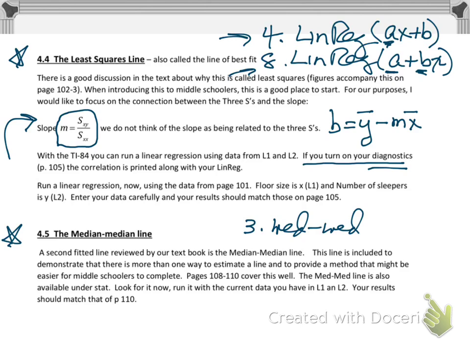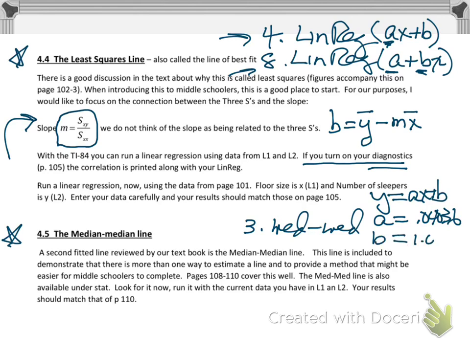So if you run a linear regression right now using the data on floor size as your L1 and number of sleepers as your L2, your data should give you the exact same equation that they got. So we're talking about getting Y equals AX plus B. They have A equals 0.04036, and you would round that to some specified decimal place.